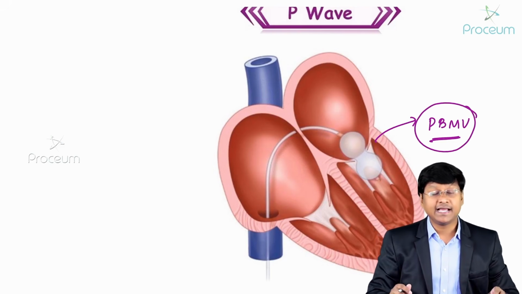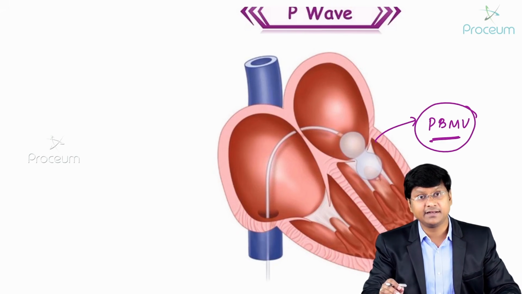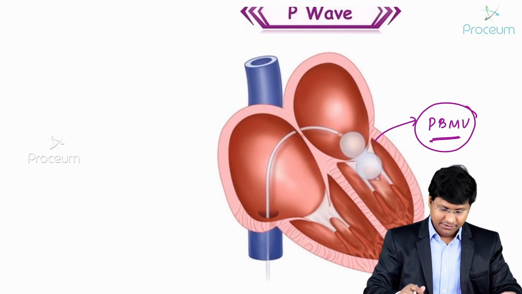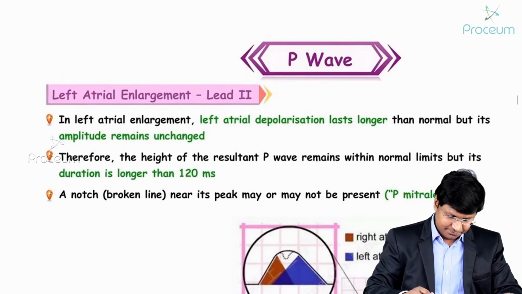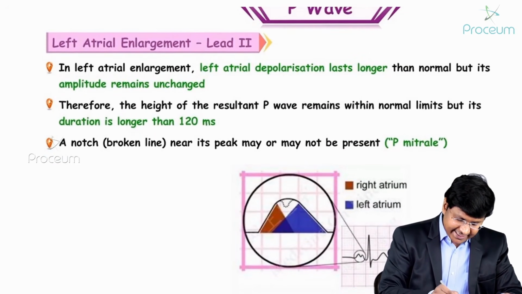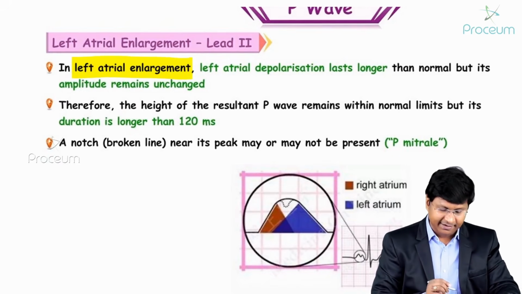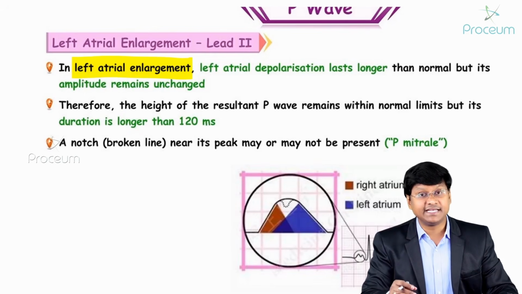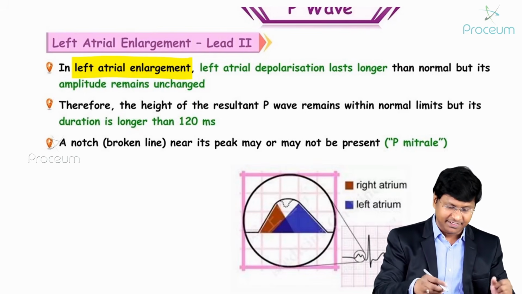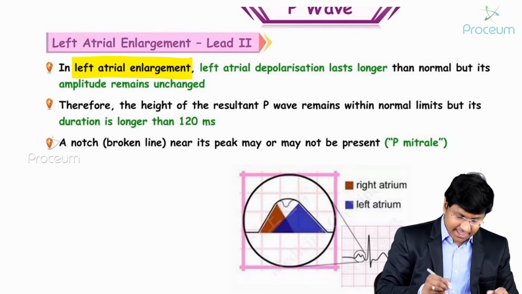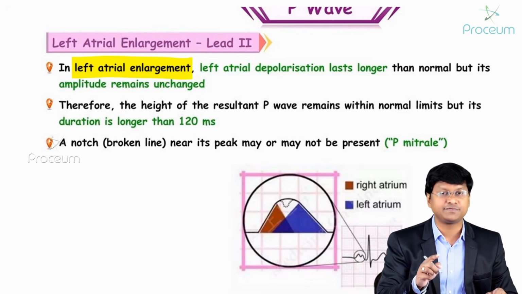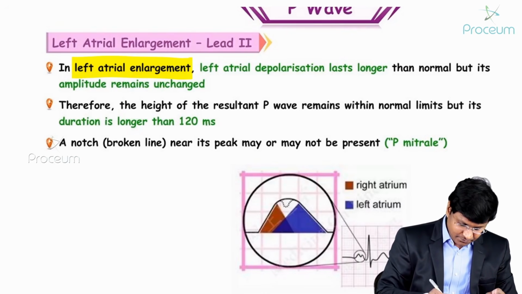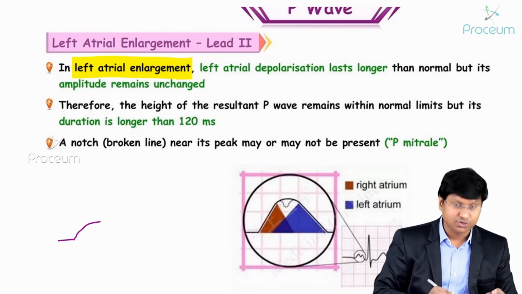Now, you will have this P mitral in case of left atrial enlargement. What actually is happening here in left atrial depolarization? In left atrial enlargement, the second half of the P wave gets affected, while the first half of the P wave is normal.